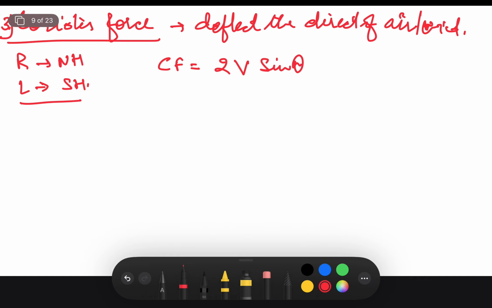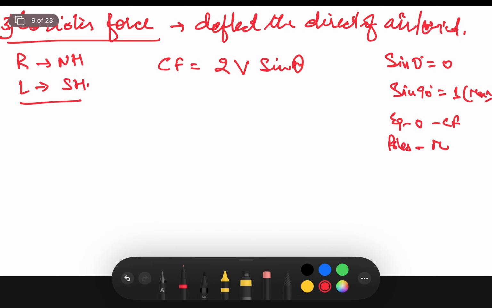Theta is the angle. We know that sin 0° is equal to 0 and sin 90° is equal to 1, that is maximum. So in case of the equator, 0 Coriolis force, and in case of the poles we have maximum Coriolis force.